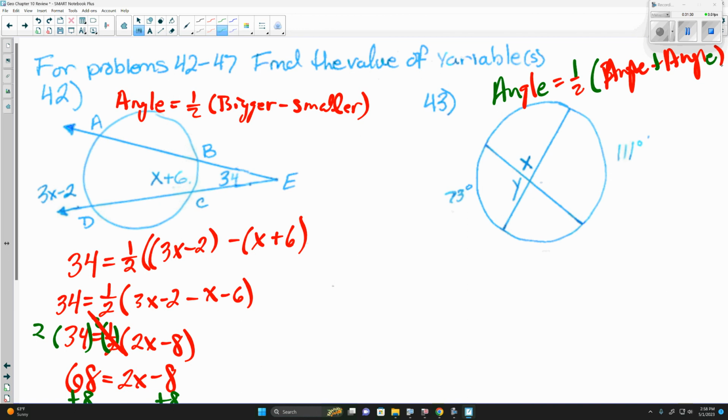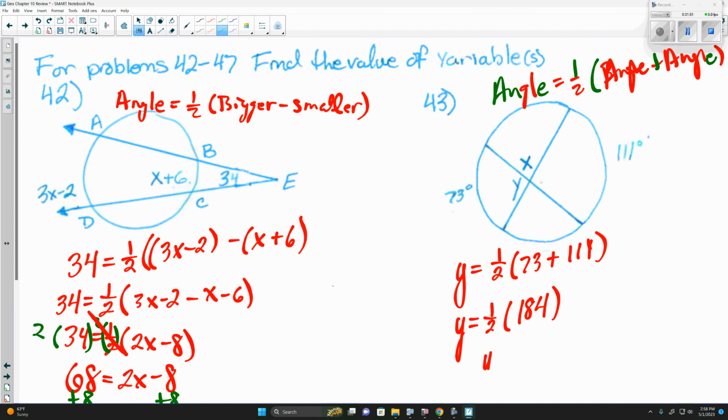So y in this case is going to equal 1/2 of 73 plus 111. Well, 73 plus 111 is going to be 184, and half of 184 is 92.